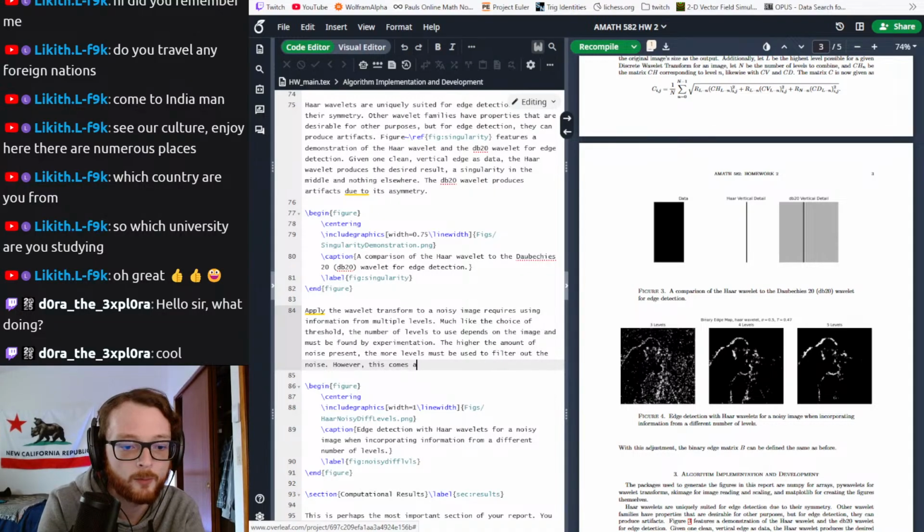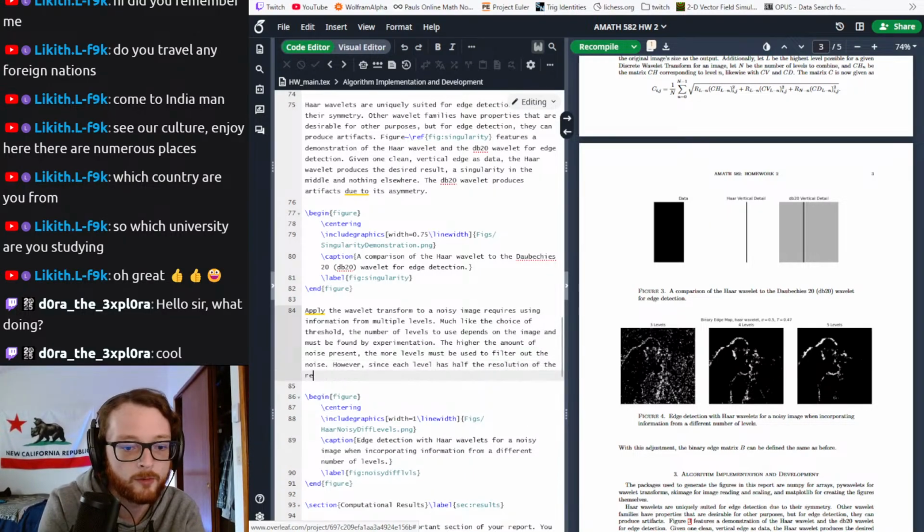However, this comes at a cost. Since each level has half the resolution of the previous one, this comes at the cost of less precisely defined edges.